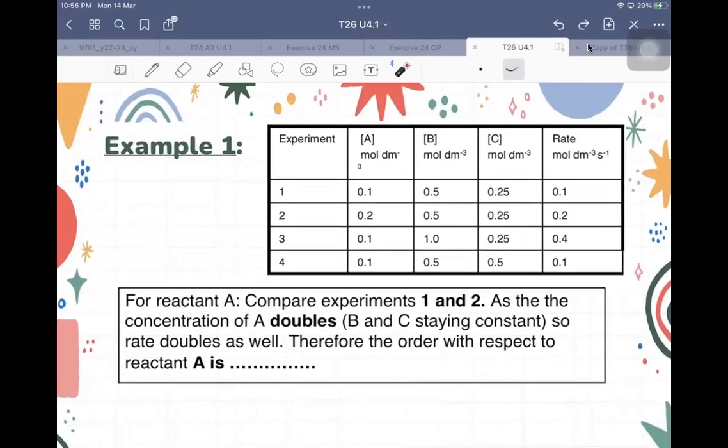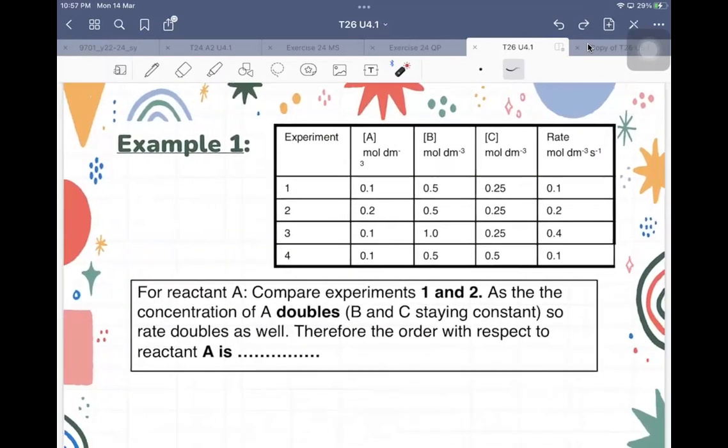Right, the first one that we are going to determine is easiest. We start with focusing on just A. That means we need to choose 2 experiments that only change the value of A while keeping your B and C constant.